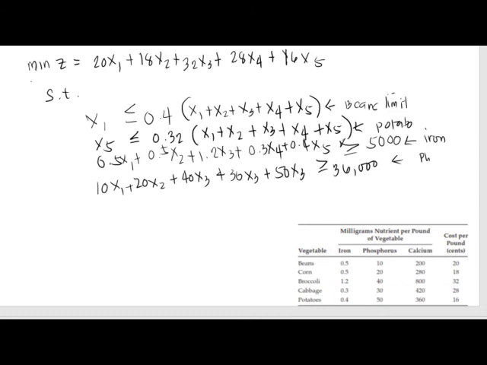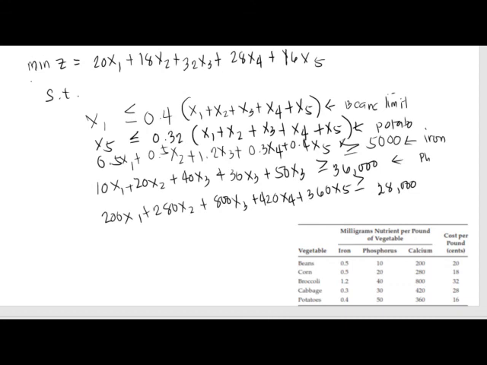Tapos, last na si calcium. Calcium: 200 x1 plus 280 x2 plus 800 x3 plus 420 x4 plus 360 x5 greater than or equal to 28,000 milligrams.